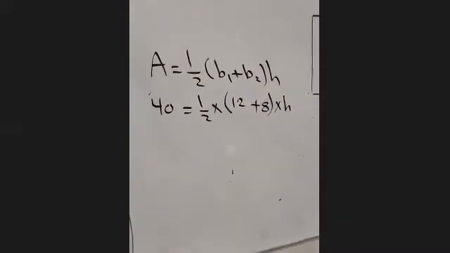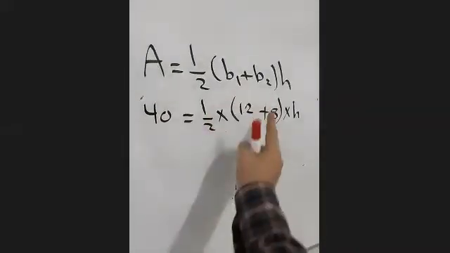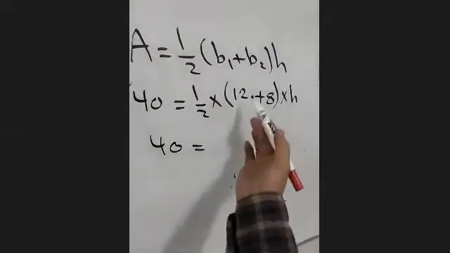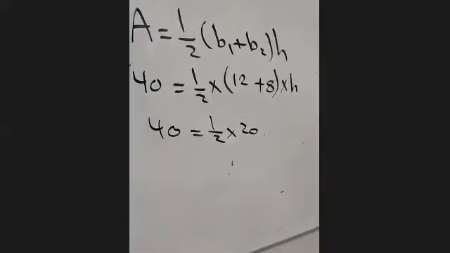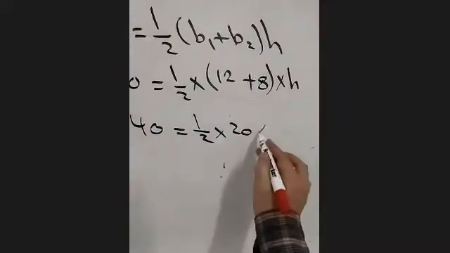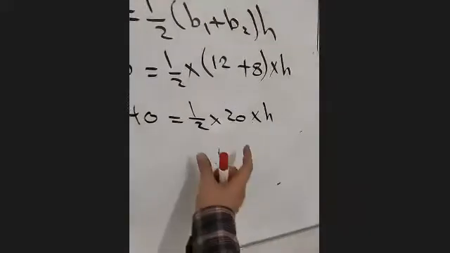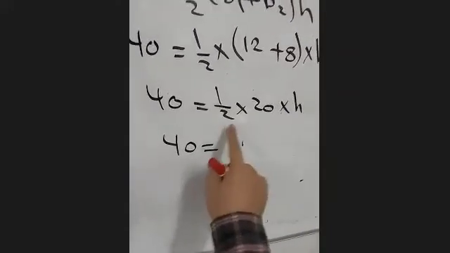Now, I will simplify these numbers first. The 40 comes down. Equals, here we add the bracket first. Half multiplied by 12 plus 8, which is 20. Multiplied by the height, which comes down. Now, I will simplify these two numbers also. 40 equals half multiplied by 20.